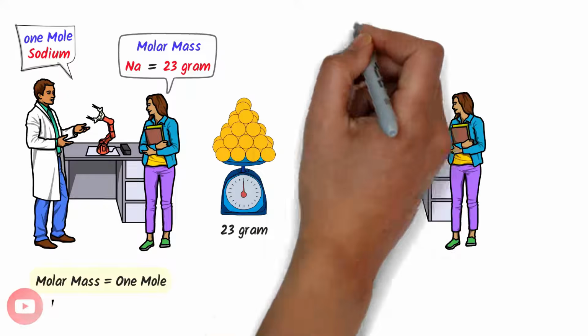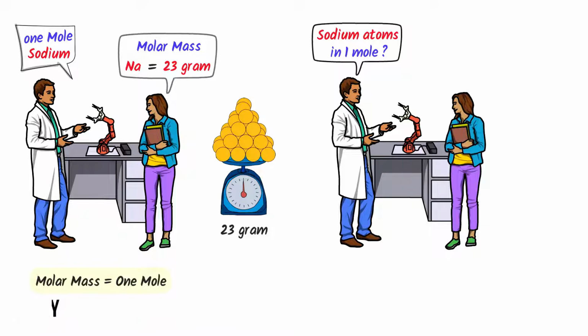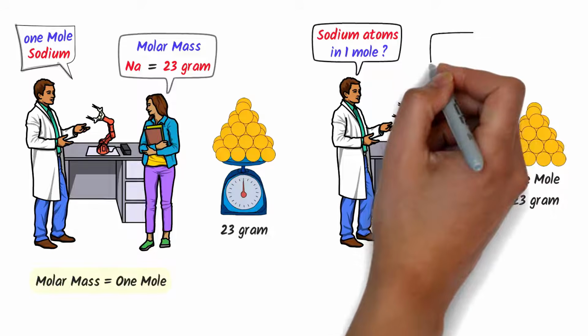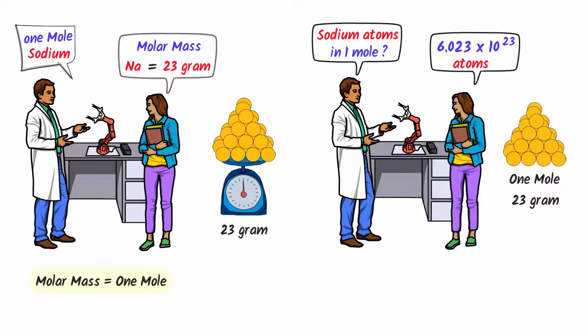Thirdly, if I ask you how many atoms of sodium are there in 1 mole of sodium, your answer is again simple. In 1 mole or 23 grams of sodium, there are 6.023 × 10^23 atoms of sodium. So remember that molar mass and mole are the same thing.